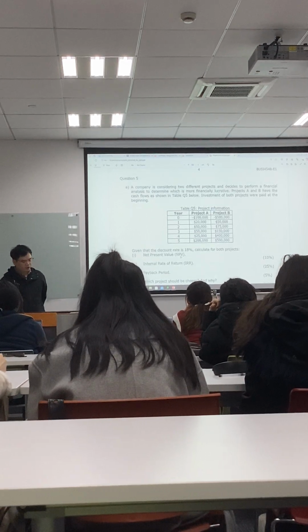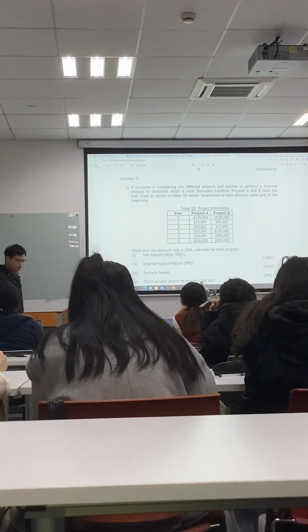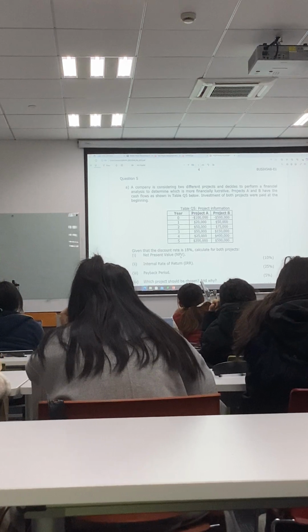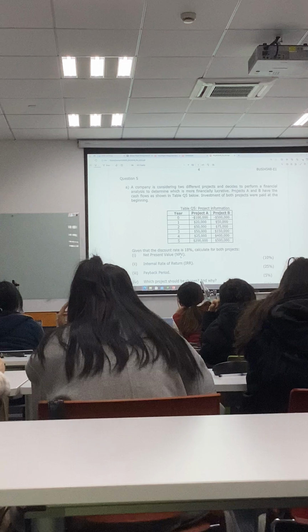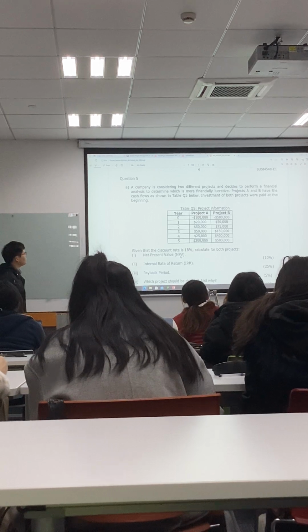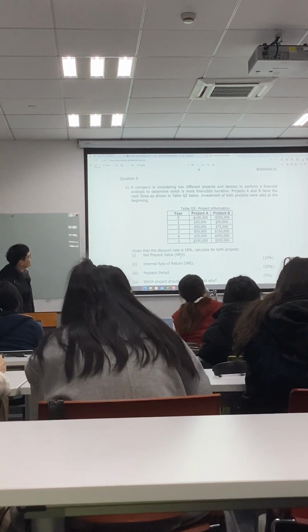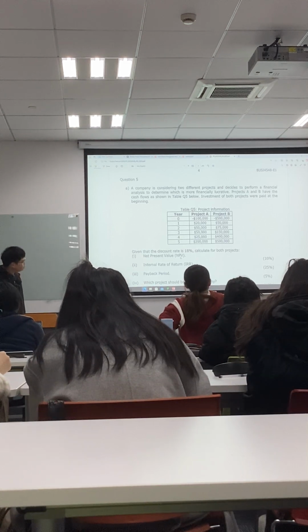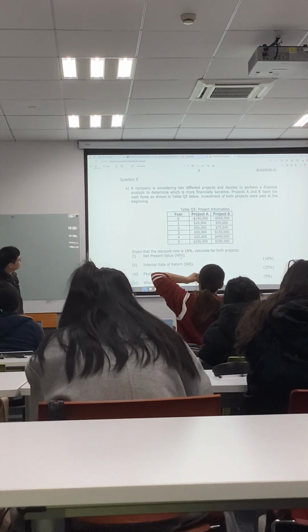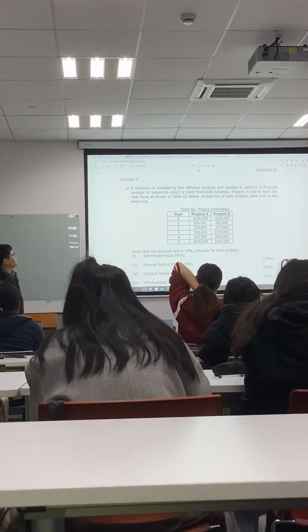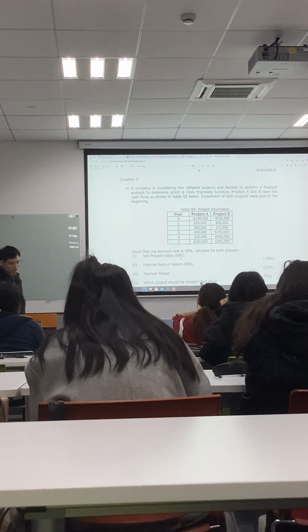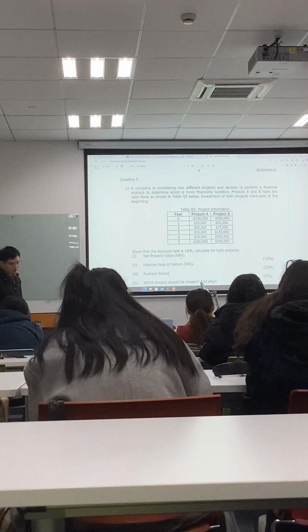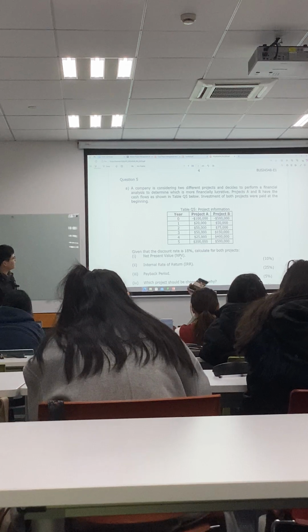Question 5 says that a company is considering two different projects and decides to perform a financial analysis to determine which is more financially preferred. Project A and B have the cash flows shown in this table. Also, please note that the investment of the first project was paid at the beginning.